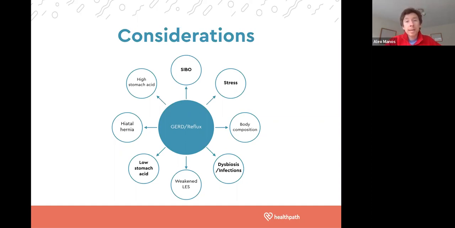If we have low stomach acids, whether or not we go on to develop an overgrowth of bacteria or an infection lower down the digestive tract, we're also not digesting our food appropriately. This can lead to nutrient deficiencies, which can then lead to further health issues, conditions, and diagnoses. So there's this kind of domino effect that can take place when we think about how the digestive system works.